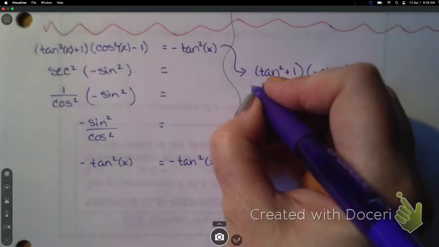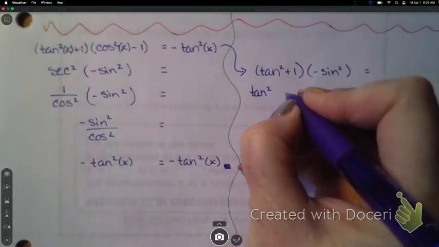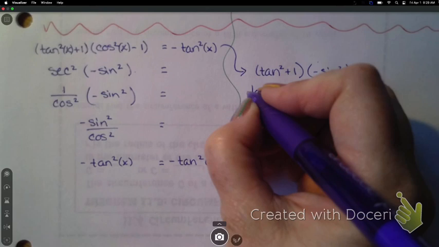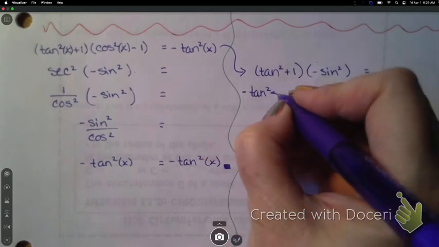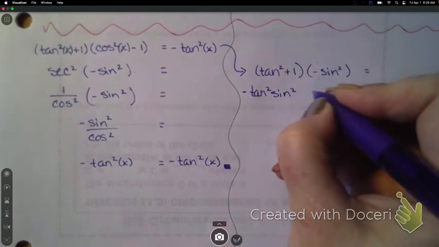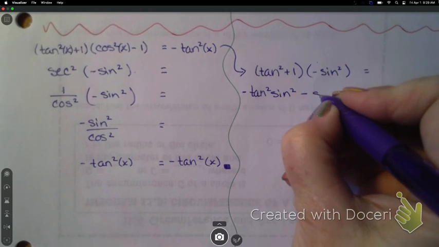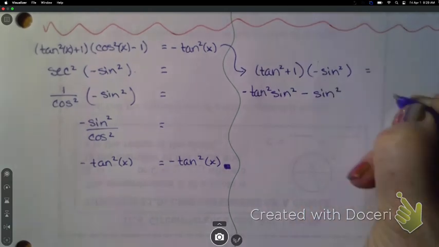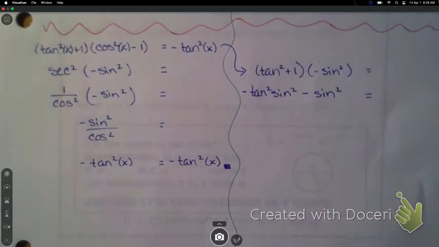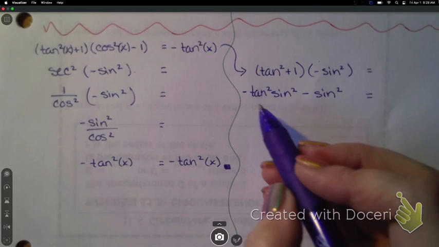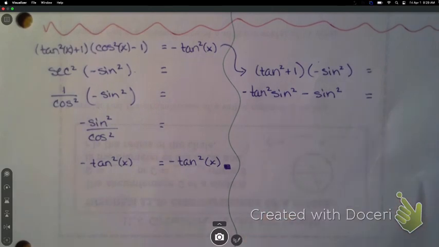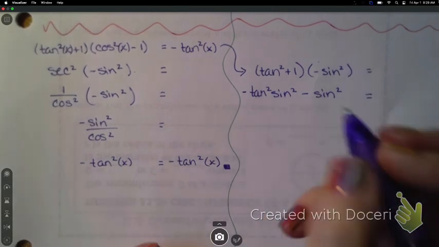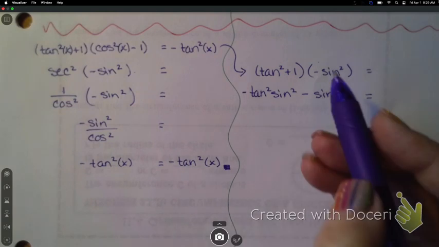So you'd have negative tangent squared sine squared minus sine squared. You'd probably have to still change that tangent squared, wouldn't you?